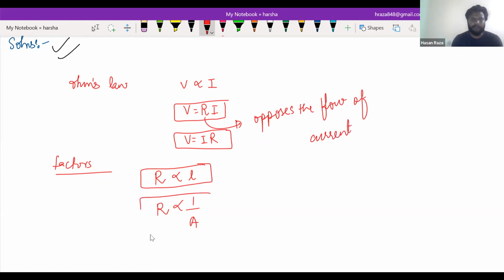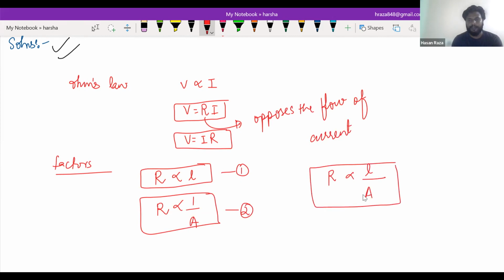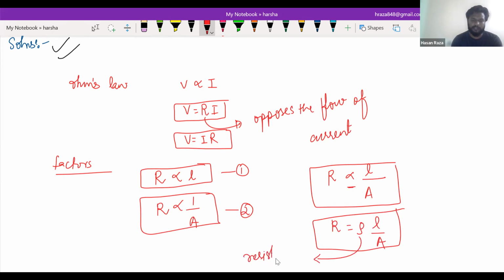So after combining these two equations, equation number 1 and equation number 2, we got a final equation, that is R directly proportional to L by A. And to remove this proportionality sign, we got rho, and this rho is known as resistivity or specific resistance.